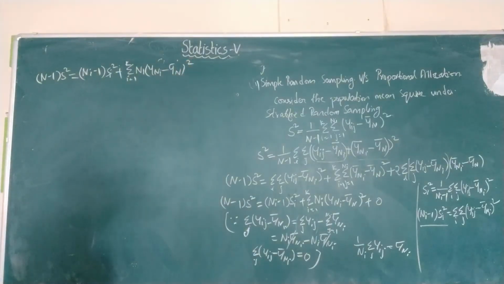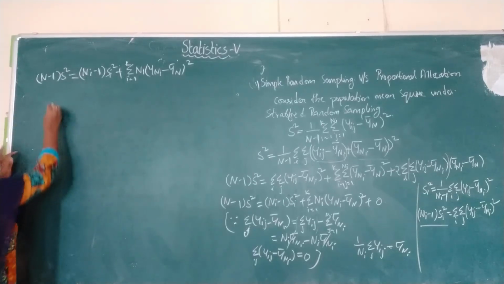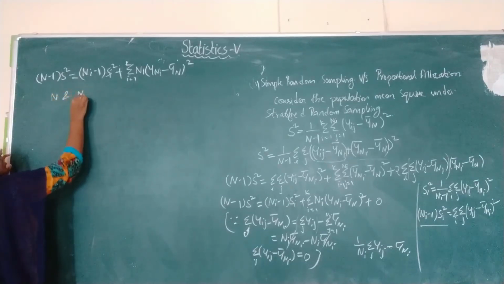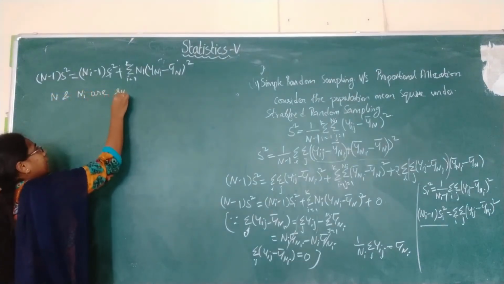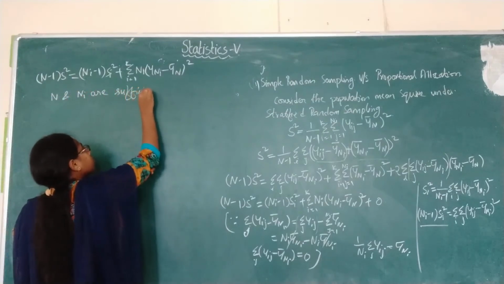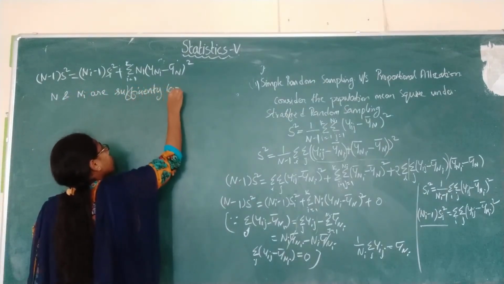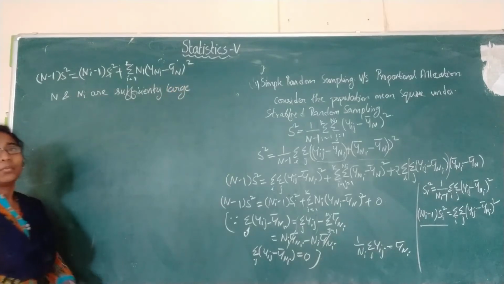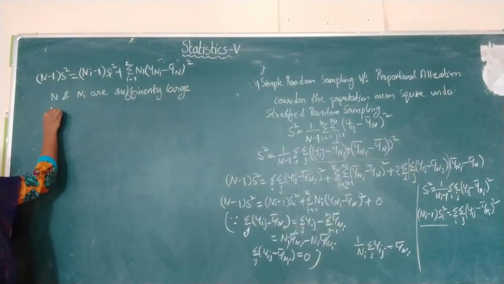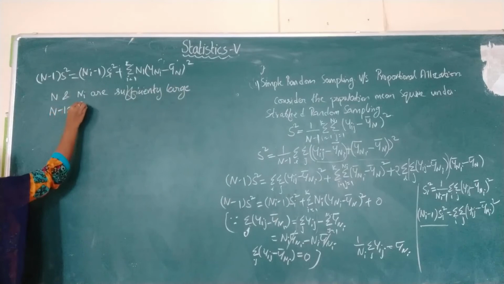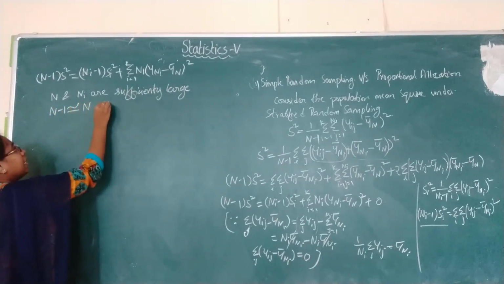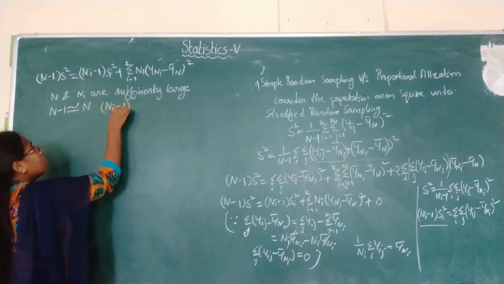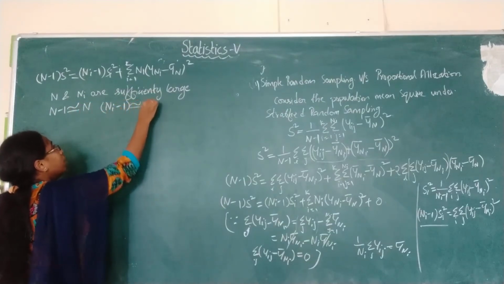Next, we consider that ni and n are sufficiently large. So if these values are very large, that assumes that n minus 1 is approximately equal to n, and similarly ni minus 1 is also approximately equal to ni.